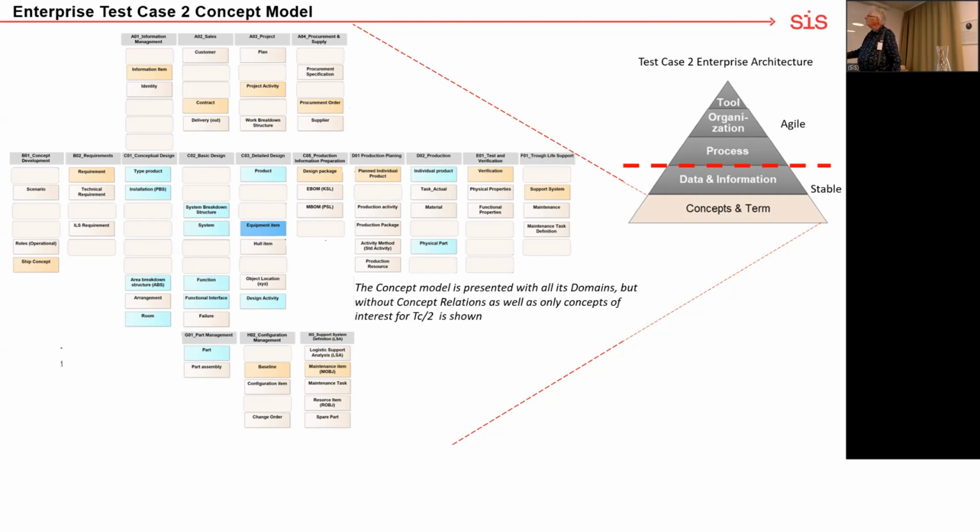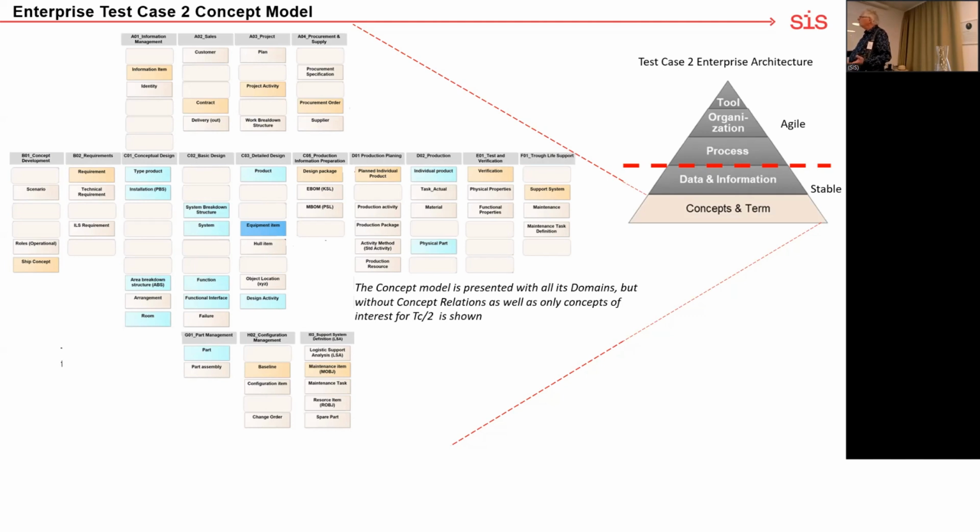And here we have the different design disciplines, from concept development, requirement, conceptual design, basic design, detail design, production information preparation. Very important to transfer the design information into a production package. It's very difficult. And we have the production, test verification, and then through-life support.